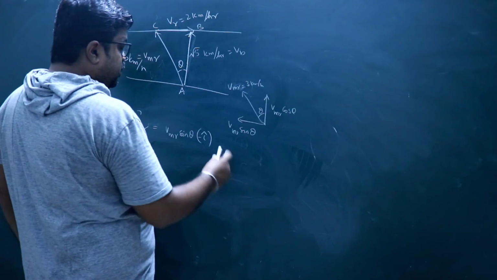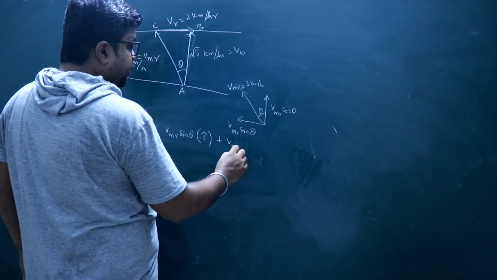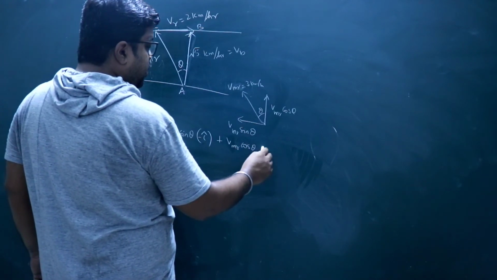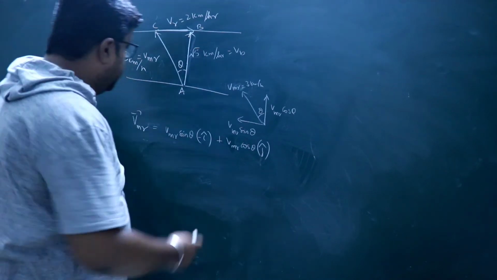This is VMR cos theta, so this is along positive y-axis, so VMR cos theta j cap. Okay, so this is VMR.